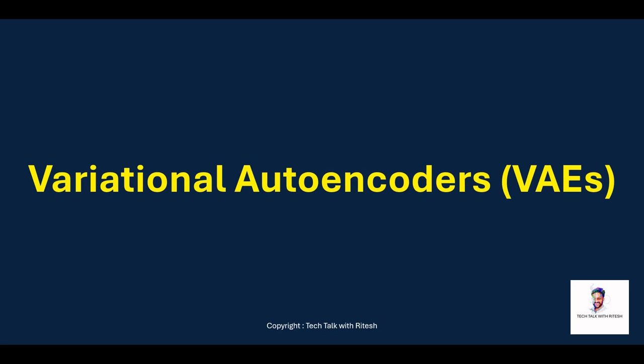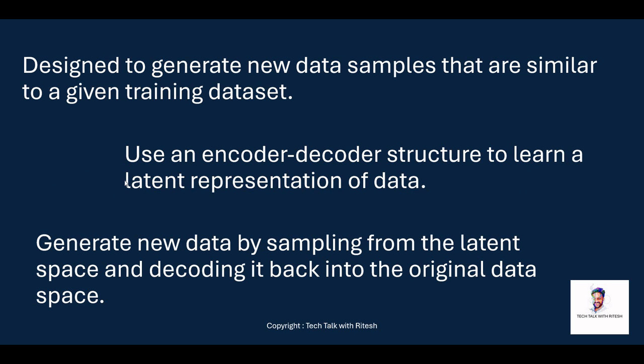Now let's see another model, which is VAEs, or Variational Autoencoders. VAEs are designed to generate new data samples that are similar to a given training data set. They use an encoder decoder structure. So in GAN also we have the same encoder and decoder, right?